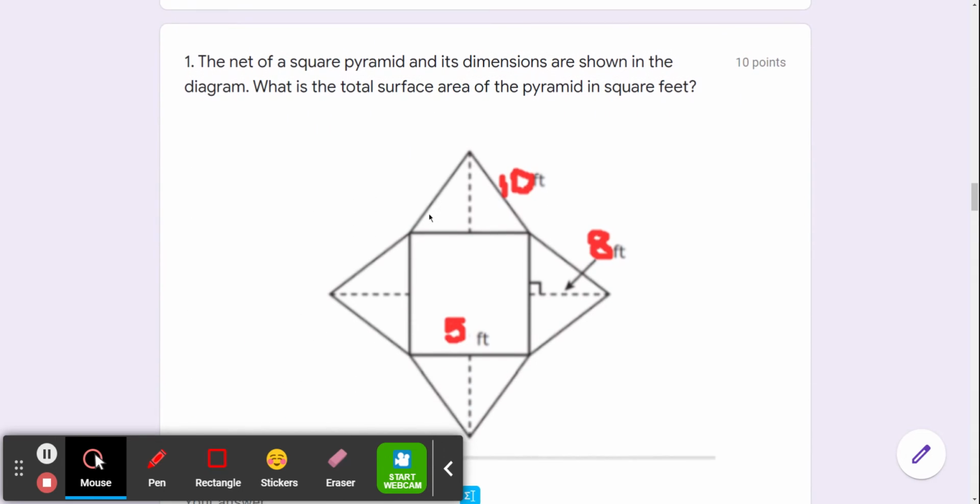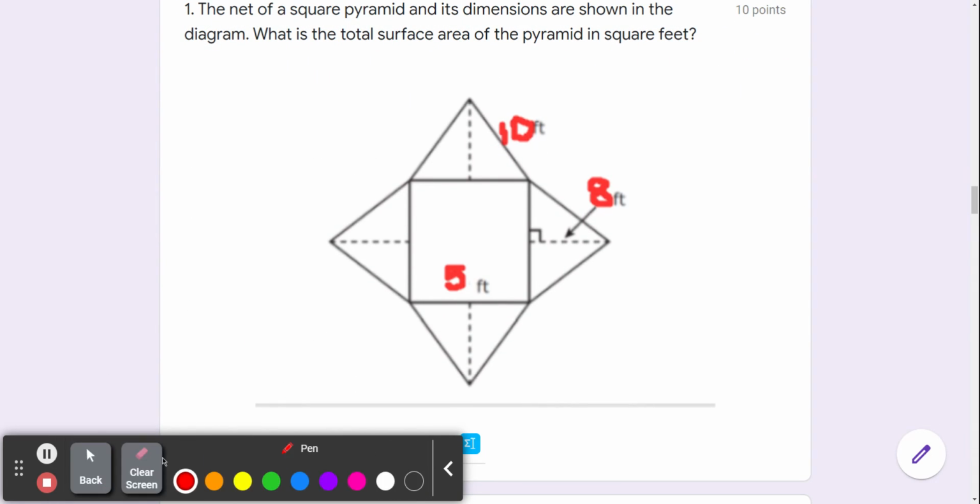So let's practice them together. So now this shape, I'm looking, it's got a 5 here, it's got a 10 and an 8. So I'm going to start here with this square in the middle. This says the net of a square pyramid and its dimensions are shown in the diagram. What is the total surface area of the pyramid in square feet? If I look at this square here, I see that this is a 5 times 5.